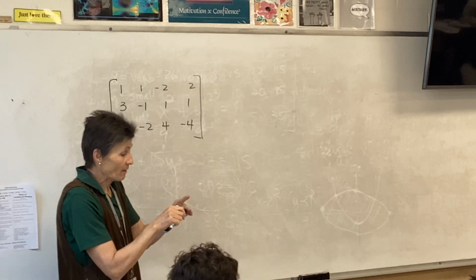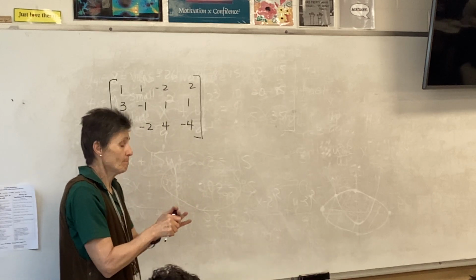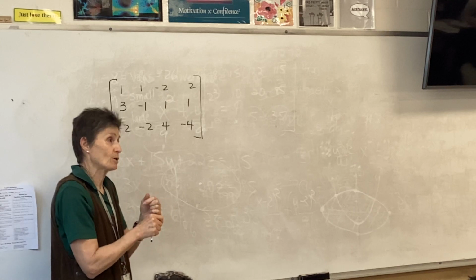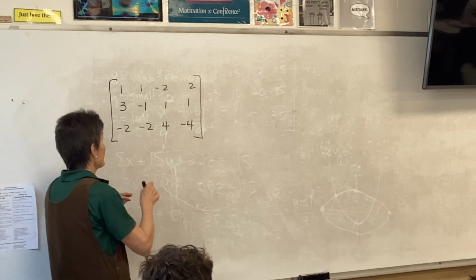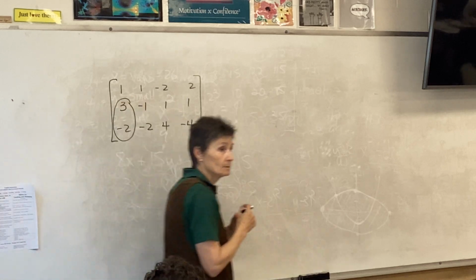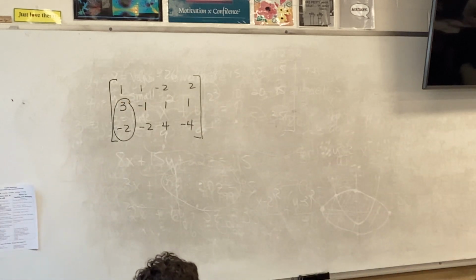Now, if I'm doing Gaussian elimination, that means I've got to get some zeros into my matrix, right? And the zeros are going to come from here. So that's where I'm going to start. I'm going to use that top row, multiply through by things, and add and hopefully get some zeros.